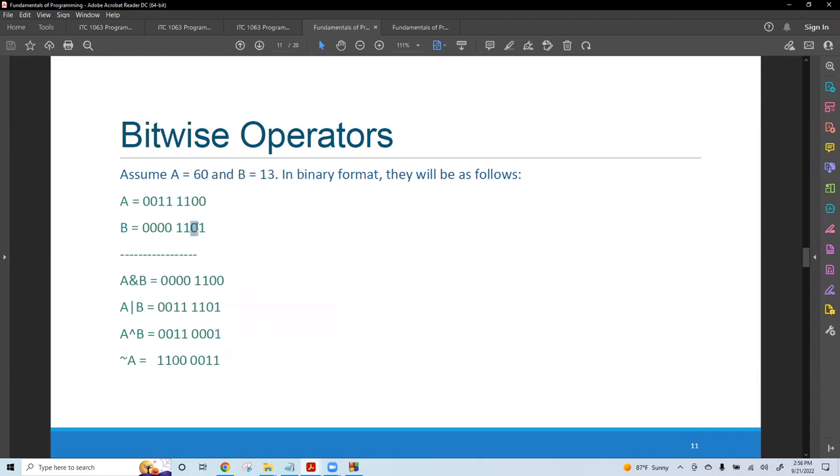Right. If both are 0, definitely 0. Both are 1, 0. Both are 1, 0. If one of these bits is 1, then the result will be 1.